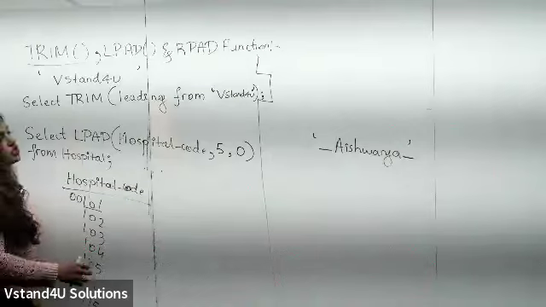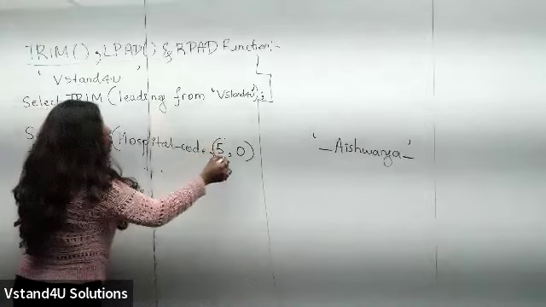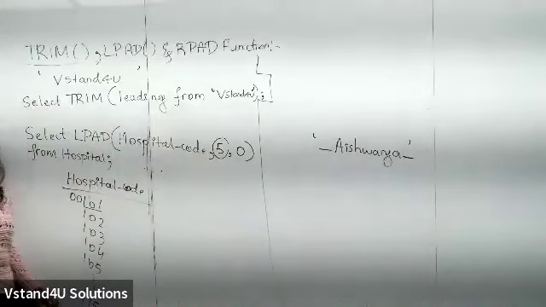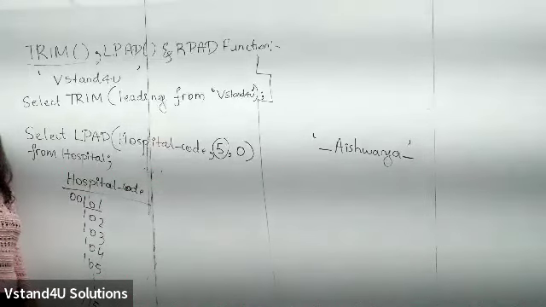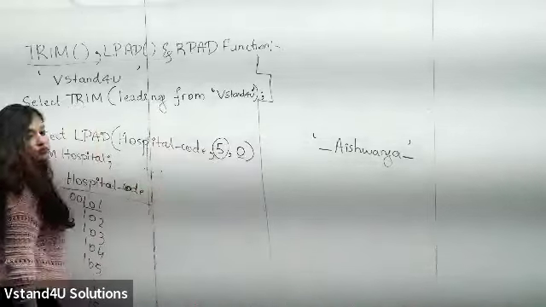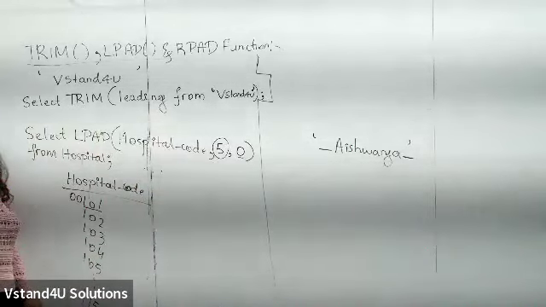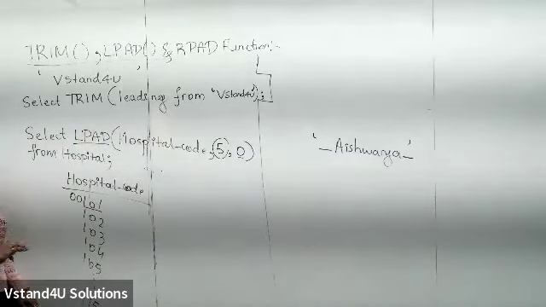You can ask me a question, ma'am, why haven't you mentioned 2 zeros there? Because here I have already mentioned you have to get 5 digits only. Wherever the empty space is there, you fill it with 0, that too by using lpad, towards the left side.